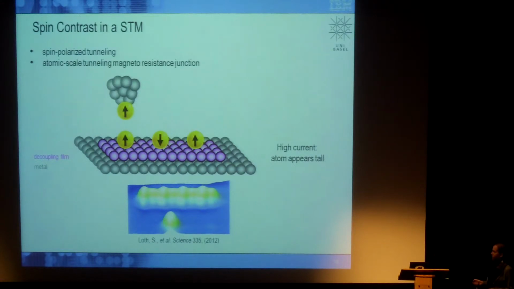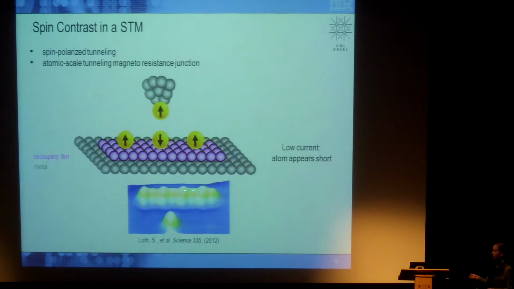This is an array of 8 iron atoms that are antiferromagnetically coupled. When my tip is aligned with the atom on the surface, this gives us a high current signal, and the atom appears tall. Now if I move my tip over to the next atom that's anti-aligned with the tip, the current is lower, and the atom appears short.